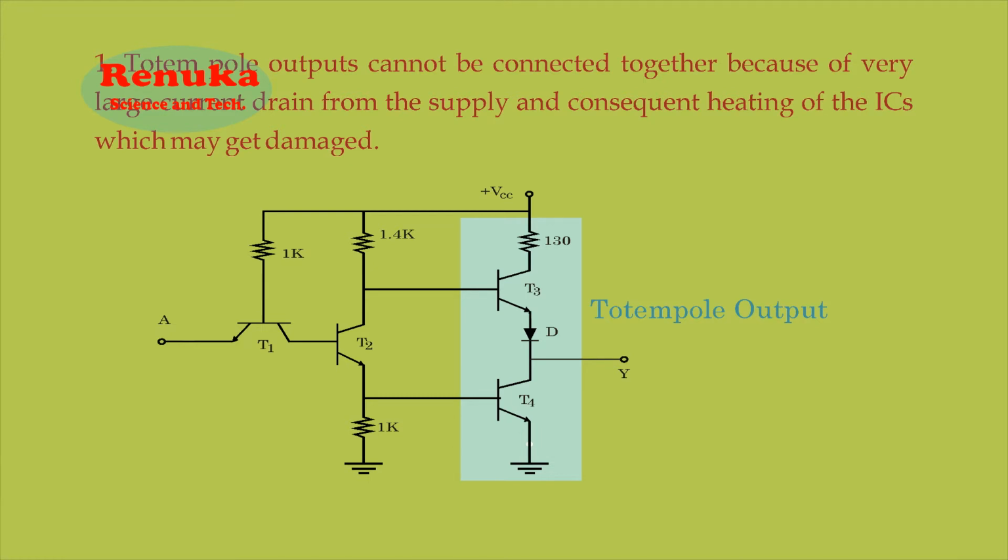So it is not possible to connect the outputs of all the gates in totem pole fashion commonly to the bus, because there will be a large current drain and the IC will get heated and may get damaged. This is the first drawback of totem pole outputs when they are connected together to a bus. Now let's move to the second drawback.